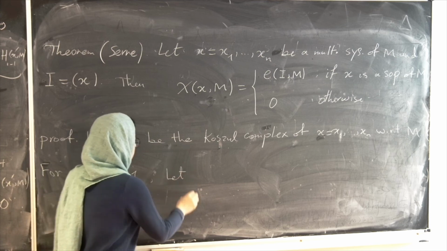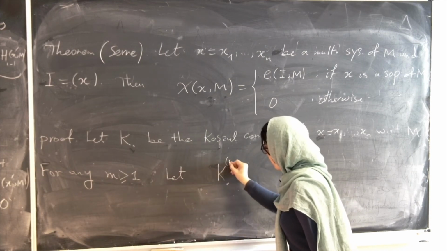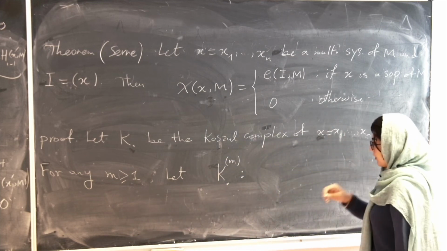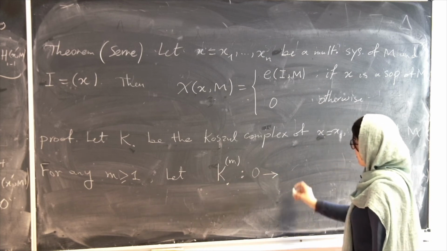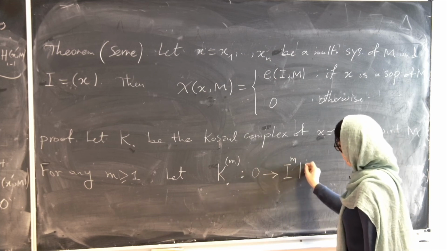We consider some nice subcomplex of the Koszul complex, which is defined as I^m K_n.